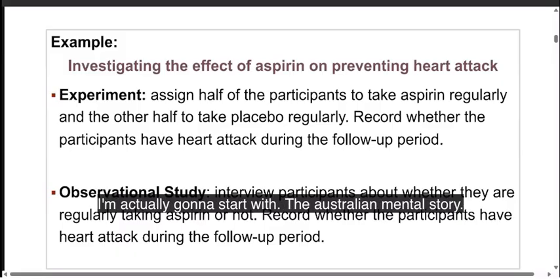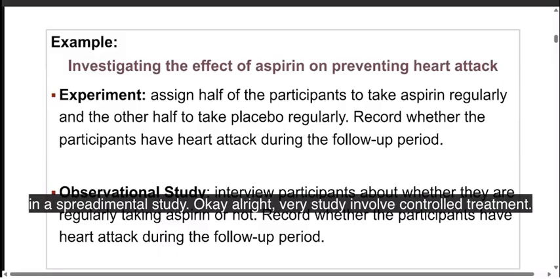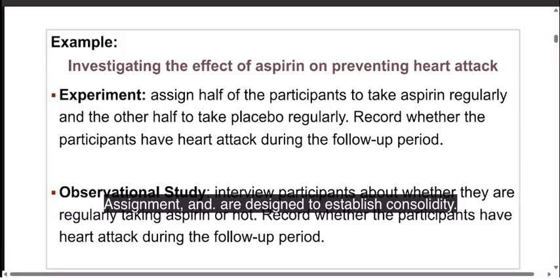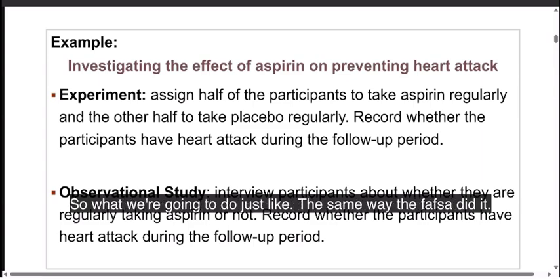I'm going to start with the experimental study. Don't forget, I said in an experimental study, the study involves controlled treatment assignment and is designed to establish causality.